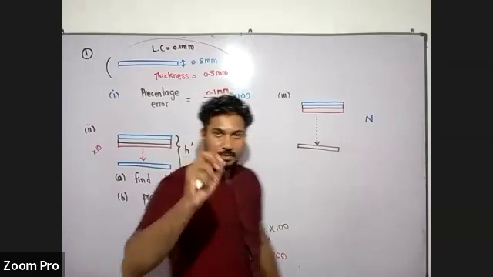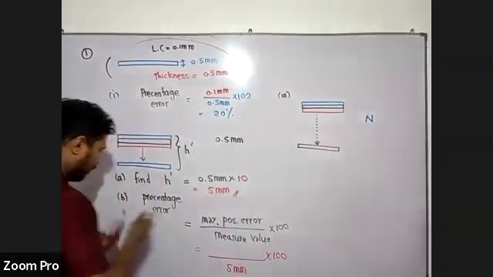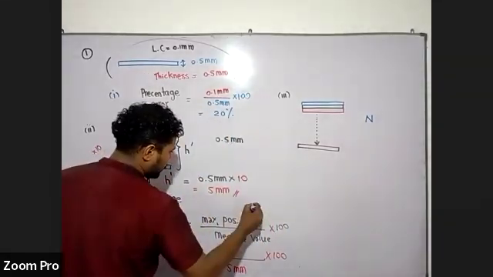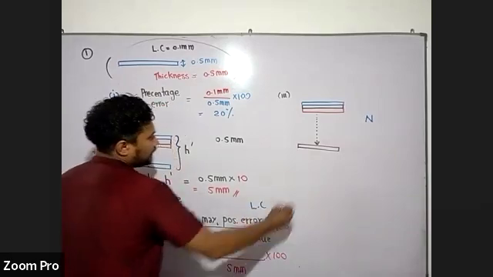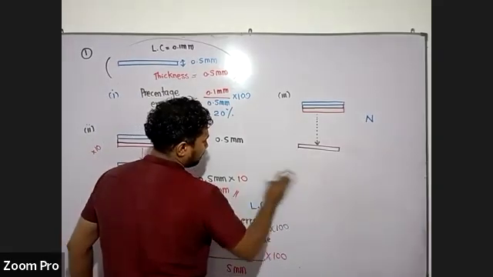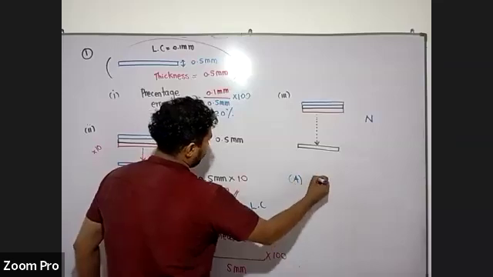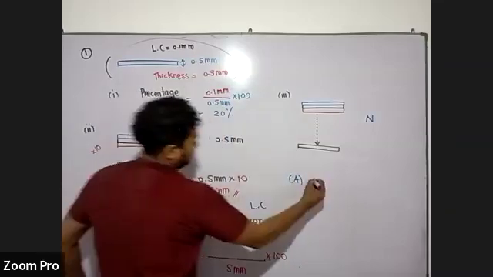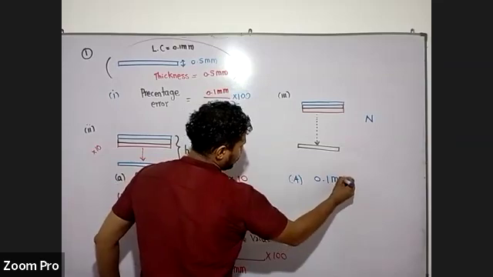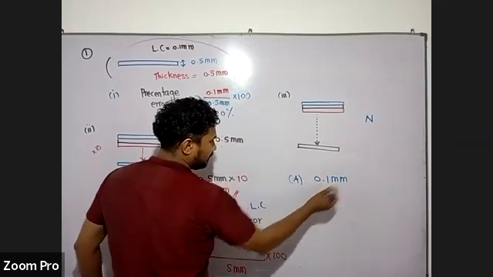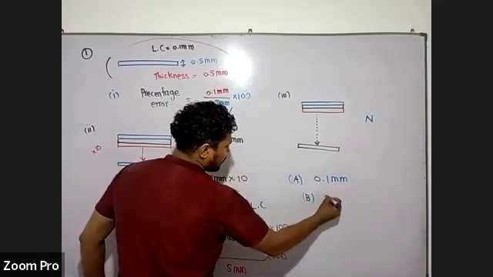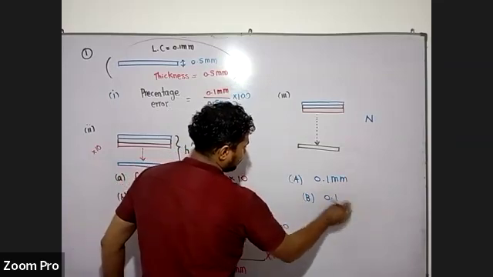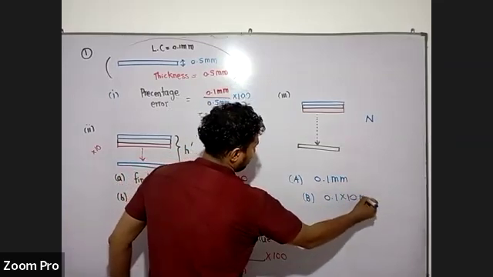And when you substitute the maximum possible error, or the least count of this measuring instrument, what is the least count? 0.1. Should we substitute it as 0.1 millimeter, or should we substitute it as 0.1 into 10 millimeters?